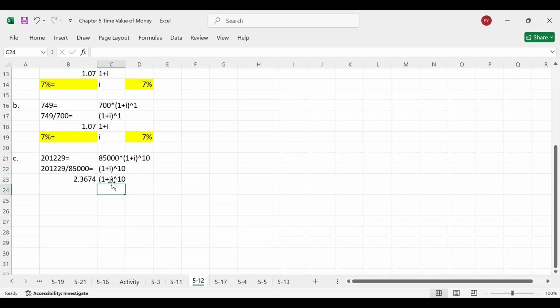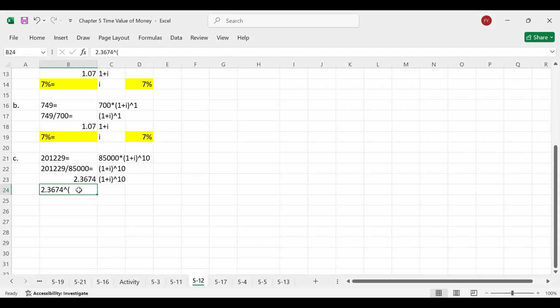So we can multiply both sides by 1 over 10. So here we have 2.3674 raised to power 1 over 10.